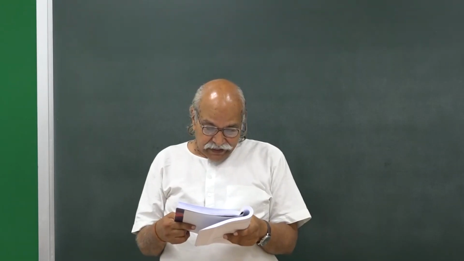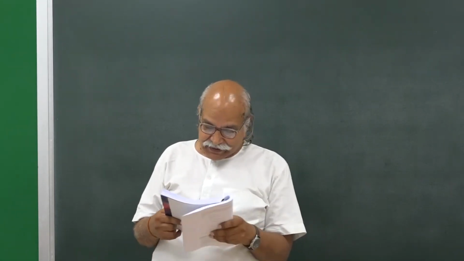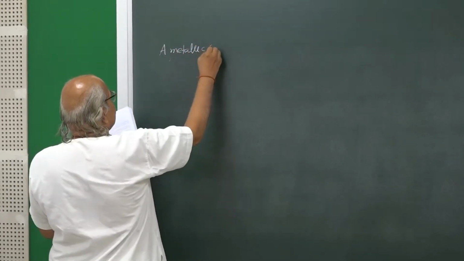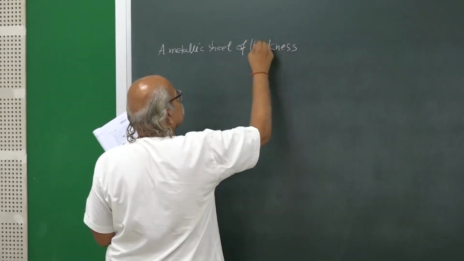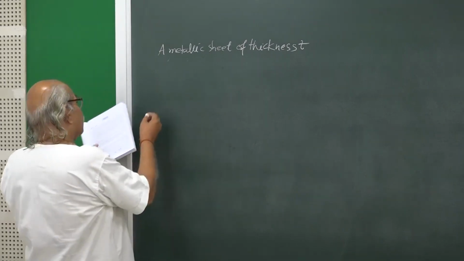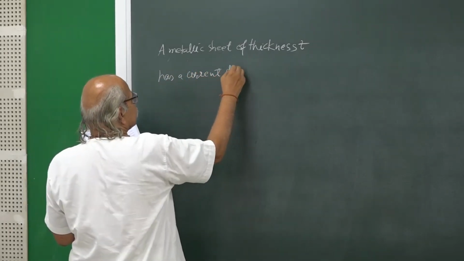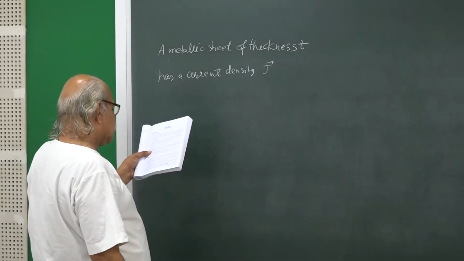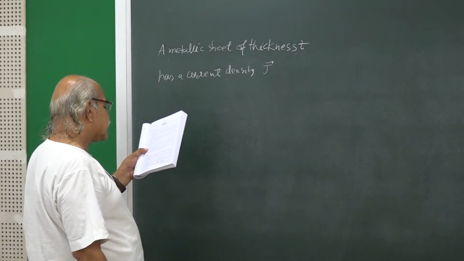Now, another question is, a metallic sheet of thickness small t has a current density J. If we neglect the thickness and treat the sheet as a surface, the current has to be considered as a surface current.